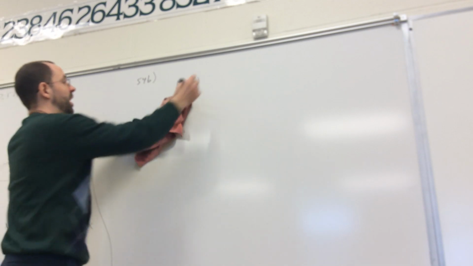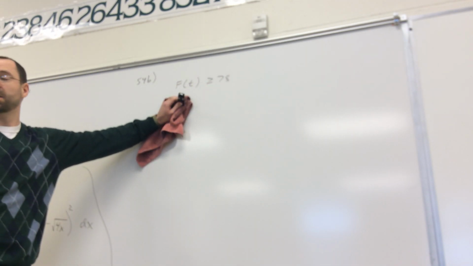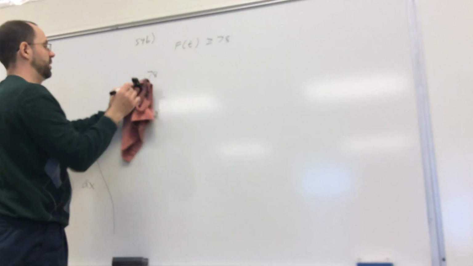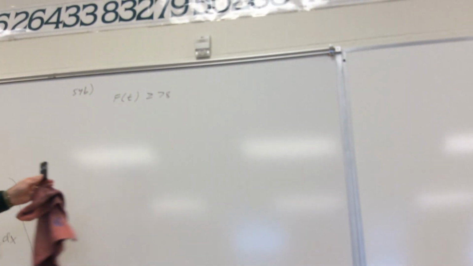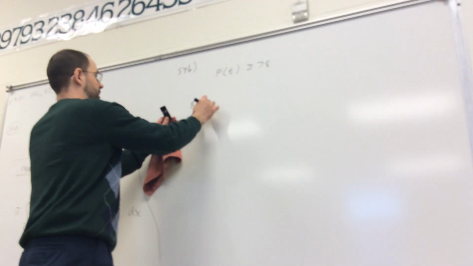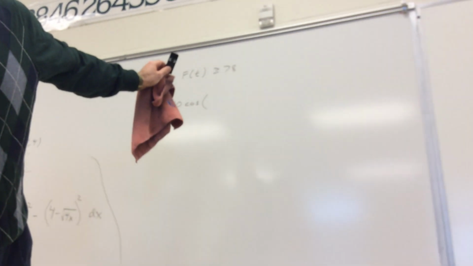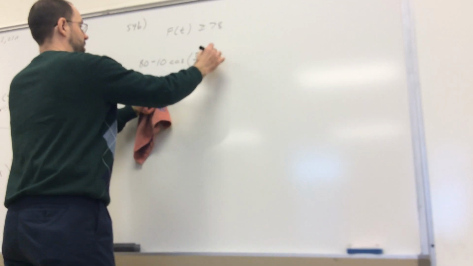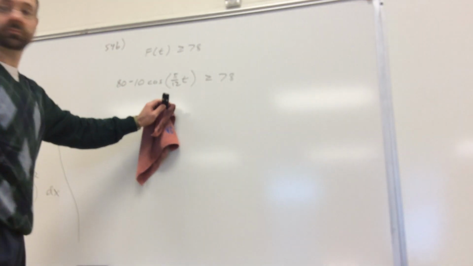So they want to know when F of T is bigger than or equal to 78. I better look at what F of T is. 80 minus 10 cosine of pi t over 12 greater than or equal to 78.